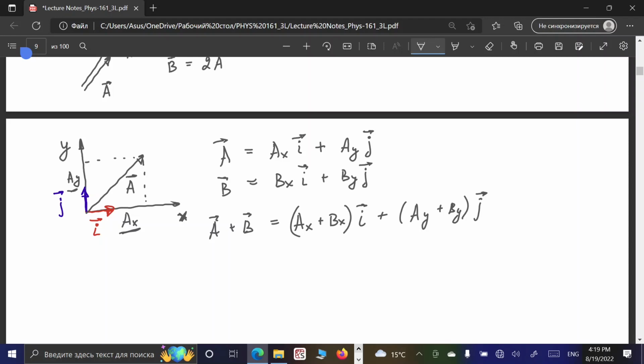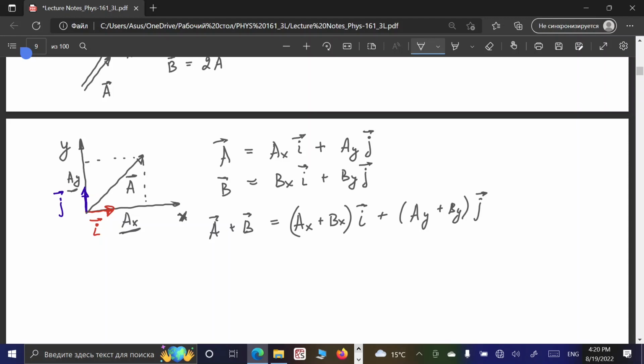So this is the way how we add two vectors using this very nice feature of unit vectors, representing them in terms of unit vectors, and that really makes it very practical and scalable, so we can deal with many vectors and calculate them using this approach without any problems.